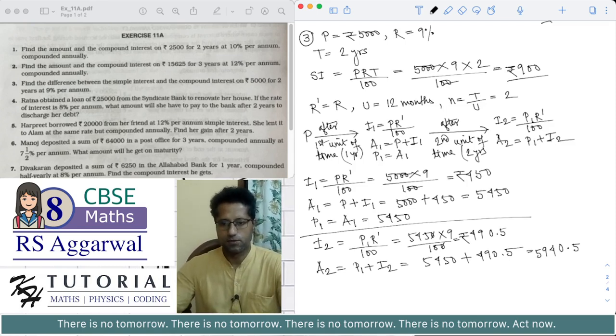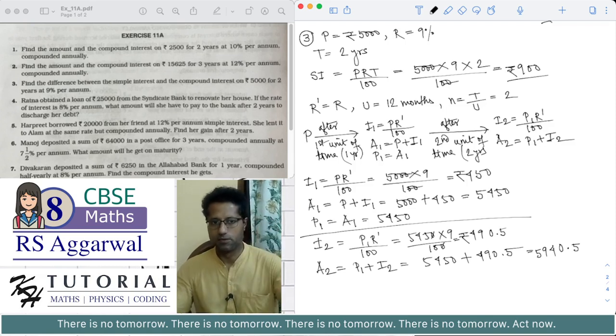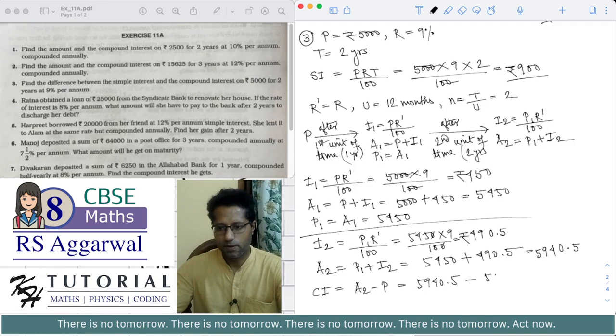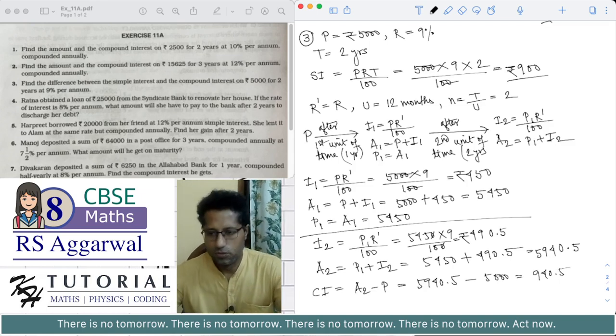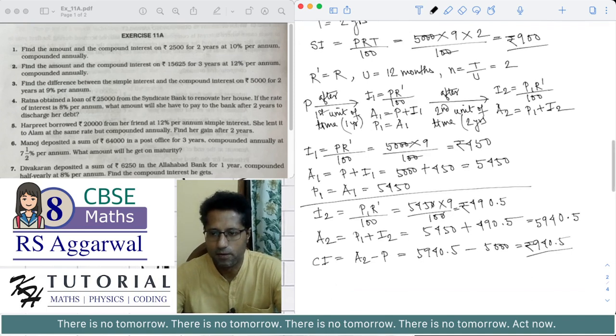So the final amount we see, the question has asked to find the difference between the simple interest and the compound interest. So the compound interest will be equal to A2 minus P. This is equal to 5940.5 minus 5000. This is equal to 940.5. So this is the compound interest, and the simple interest we found earlier to be rupees 900.